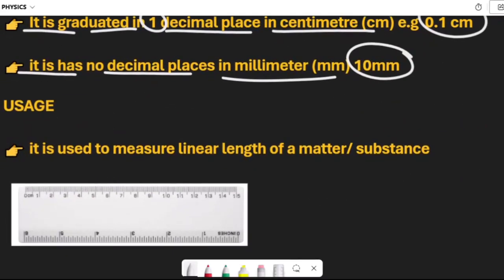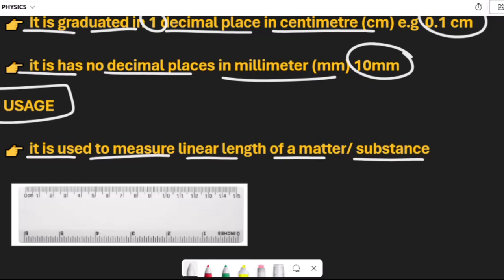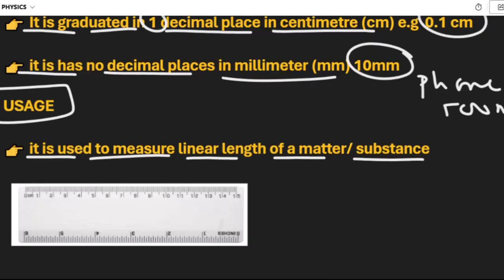Let's see what we use it for. The usage of the meter rule: it is used to measure the linear length of matter or substance. Like I said, imagine you want to measure the length of your phone or the length of the room. We make use of either a tape rule or a normal ruler. As you can see, we have a diagram here.